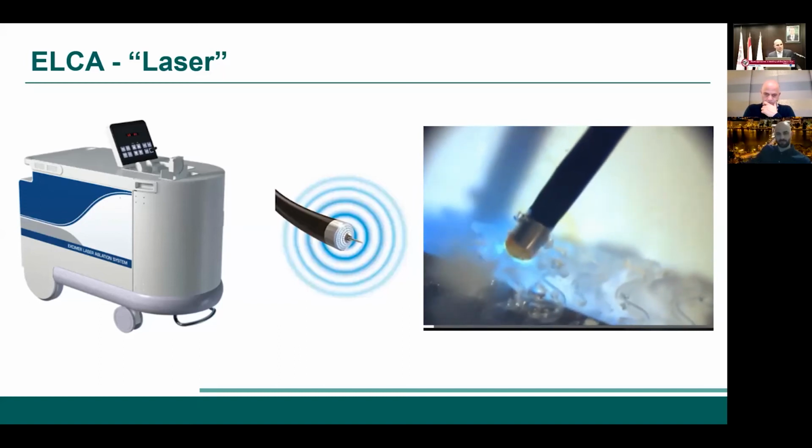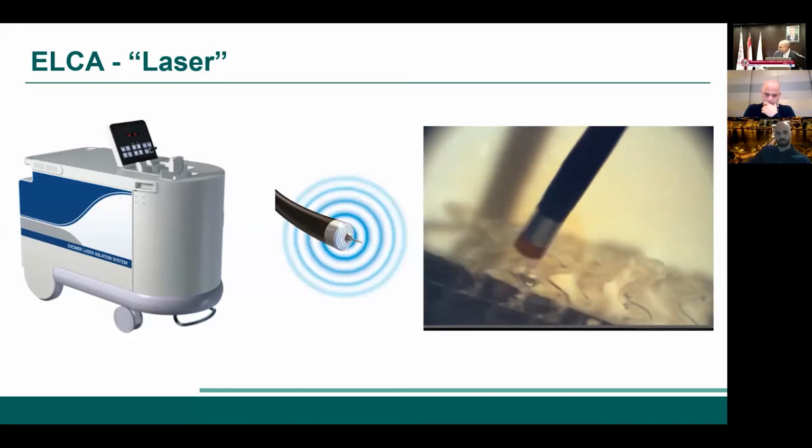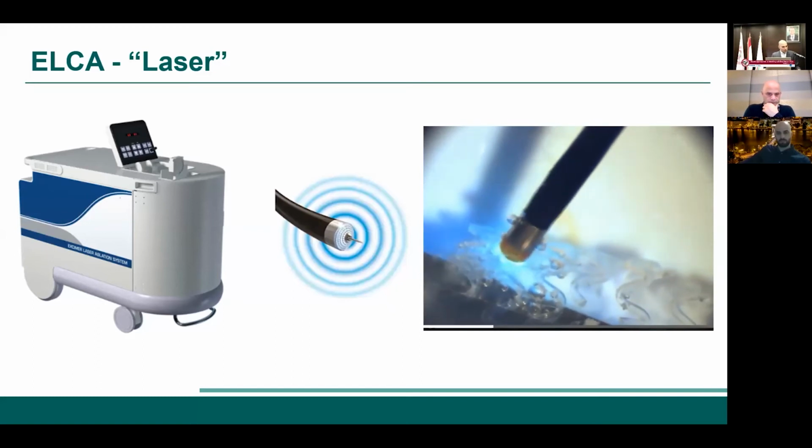So anyway, ELCA is that laser atherectomy, and honestly, I've used it in training. I don't think it's available in Lebanon. It's a bulky device, and it almost fell out of use.